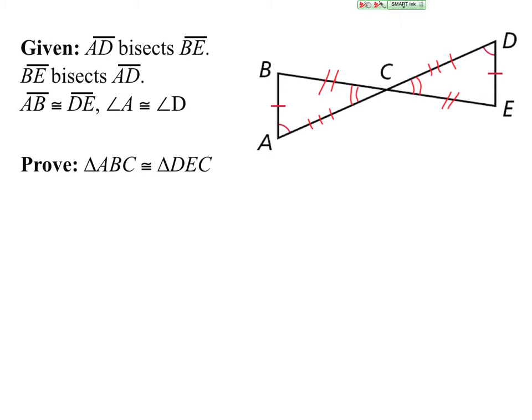Now notice according to my list, we have all 6 things that we need, the 3 pairs of angles, the 3 pairs of sides. So now we can say the whole triangle ABC is congruent to triangle DEC, I mean. What's our reason? What says that all corresponding angles and sides makes congruent triangles?